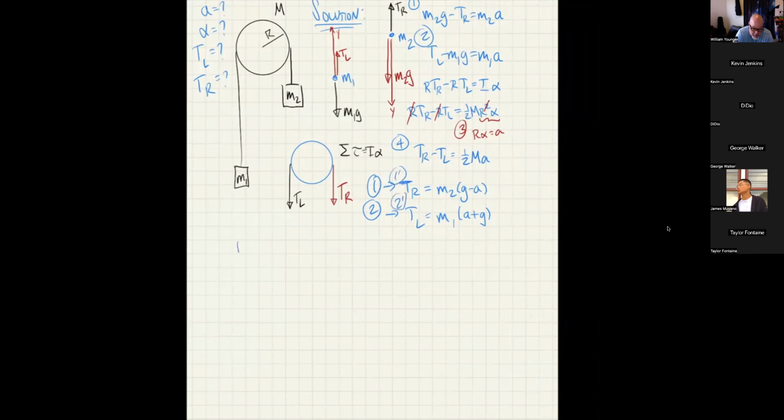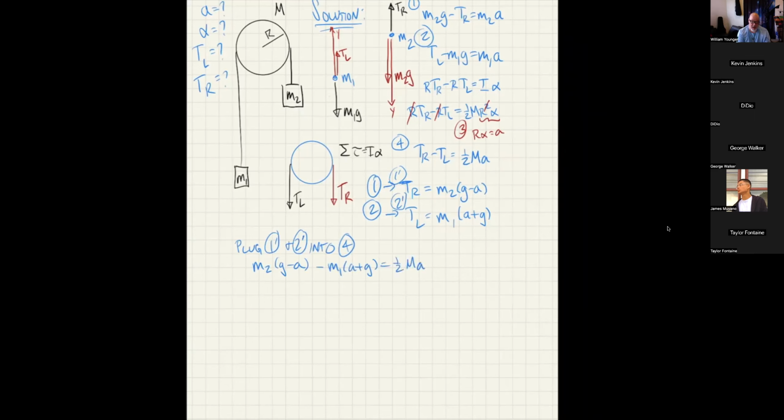I'm going to plug 1 prime and 2 prime into equation 4. That gives me M2 times G minus A, minus M1 times A plus G, is equal to 1/2 M A.